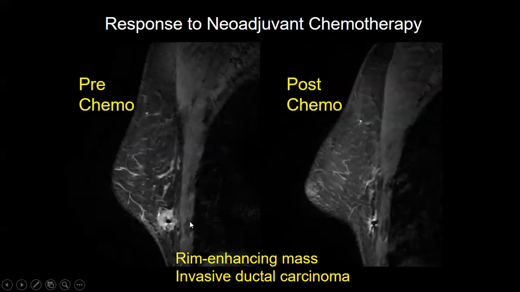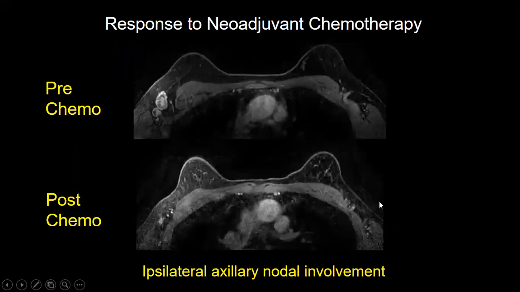And this is that same cancer before treatment and after treatment in the sagittal plane. Again, you see the mass, inferior posterior, and this mass has resolved, showing you only the biopsy clip left. And this is that same patient. She had that unifocal cancer, and associated with that ipsilateral, she had axillary lymph node involvement, metastases to the axillary nodes, because this is what we're seeing before neoadjuvant therapy.